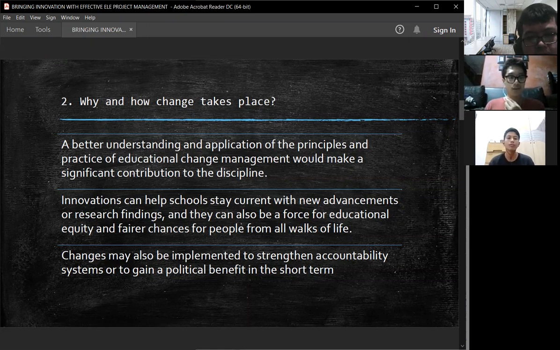And the last outcome is that changes could also be implemented to strengthen accountability systems or to gain a political benefit in the short term. So it is not always concerned with education, but it could also affect the policymakers. We're moving on to the third question.